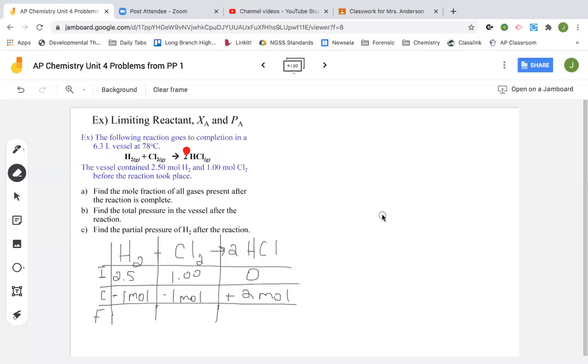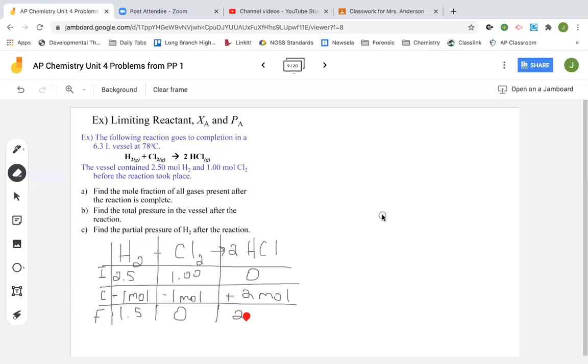Now, to get our final amounts, we go through with our calculation. For H2, we're going to do 2.5 minus 1 and get 1.5. For Cl2, we have 1 minus 1, which is 0. And for HCl, we have 0 plus 2, which is 2.